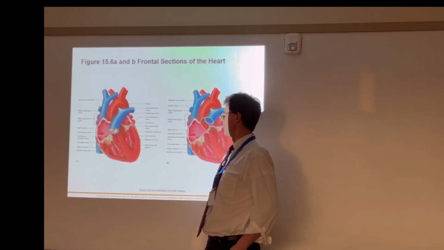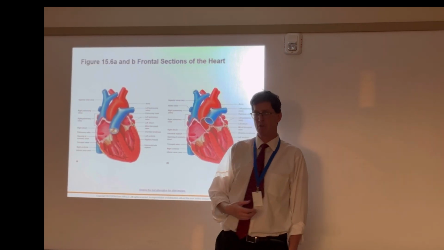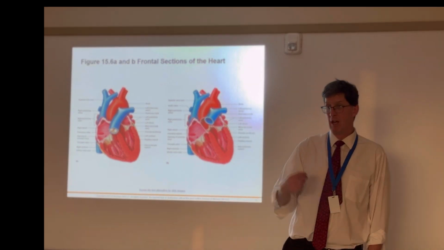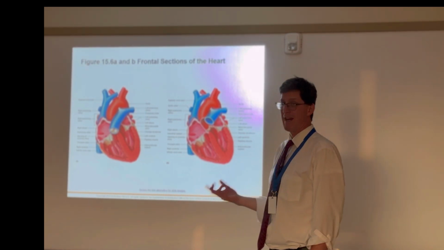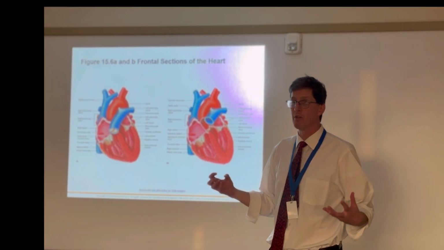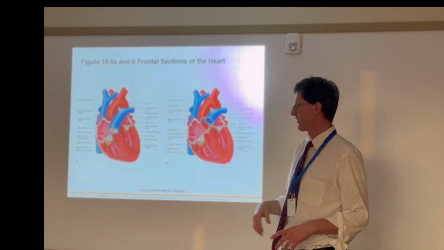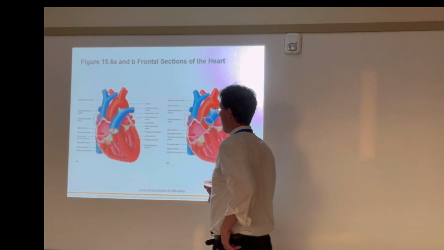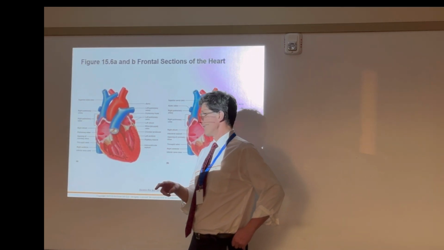Left ventricle. Good job. The atria and the ventricles are separated by valves called atrioventricular valves. On the right side, usually people call the right atrioventricular valve the tricuspid. So you try to do right, it's on the right side, though some people don't. The left side atrioventricular valve is called the bicuspid or the mitral valve.